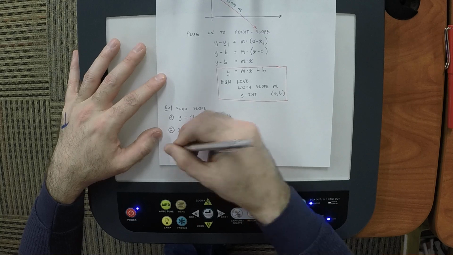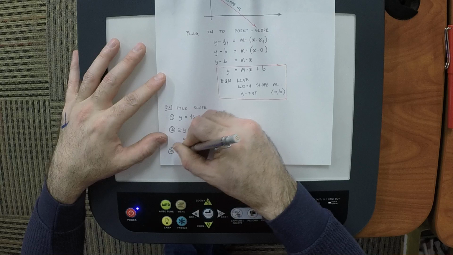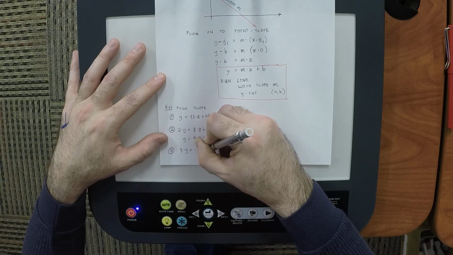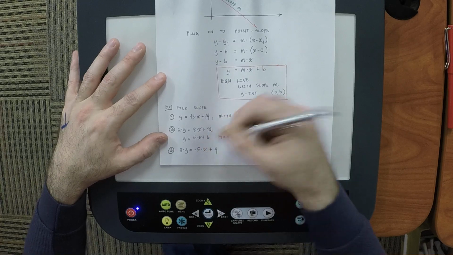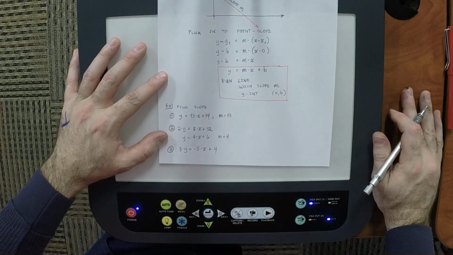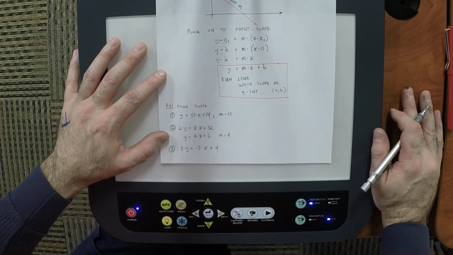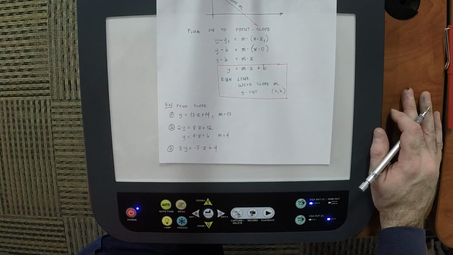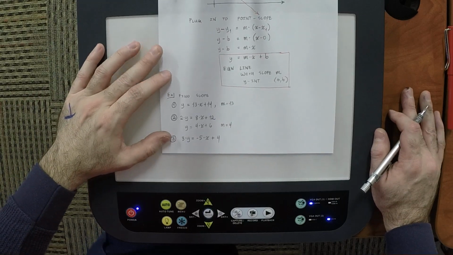How about, I don't know, 3y is equal to negative 5x plus 4. Negative 5/3. So there's really no difference between this example and the previous example, except that now there's fractions, and that causes mild distress in some of you.